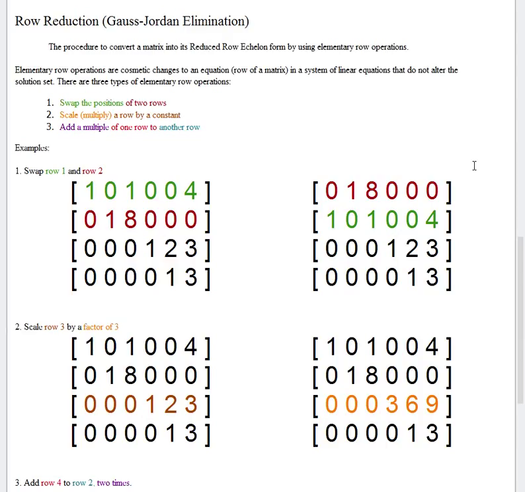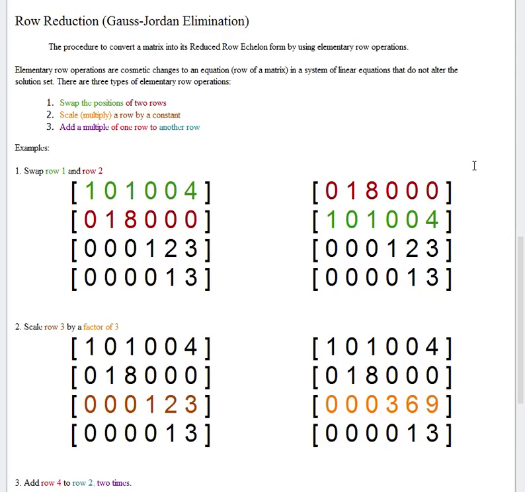Number 1, we can swap the position of 2 rows. And what that basically does is just change the order we look at the equations in our system. So it doesn't change what the equations are. It just changes whether we look at this equation first or the other equation first. So the matrix itself is different.